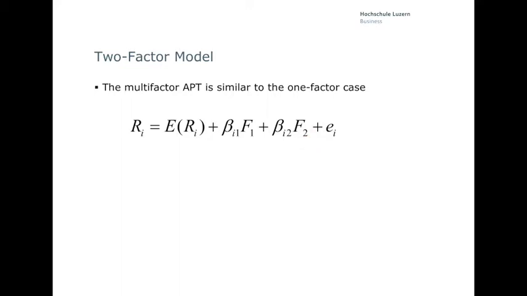Each factor has zero expected value because each measures the surprise in the systematic variable rather than the level of the variable. Similarly, the firm-specific component of unexpected return e_i has also zero expected value. Extending such a two-factor model to any number of factors is straightforward.